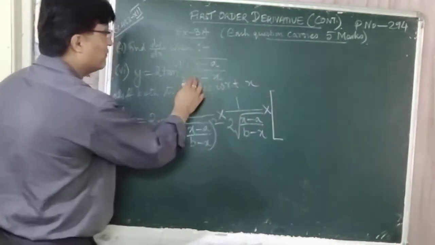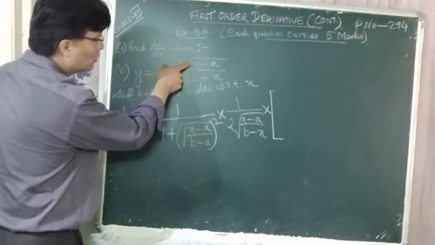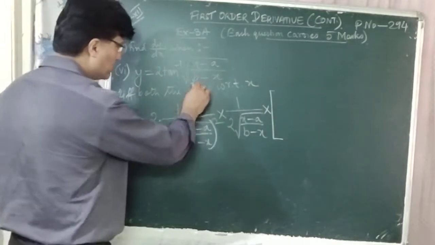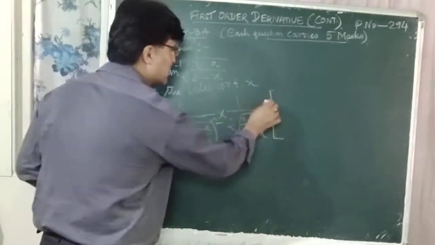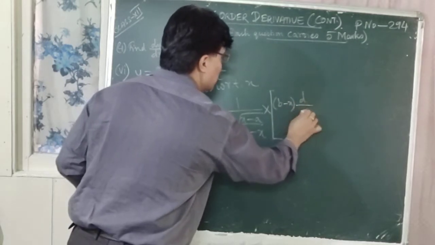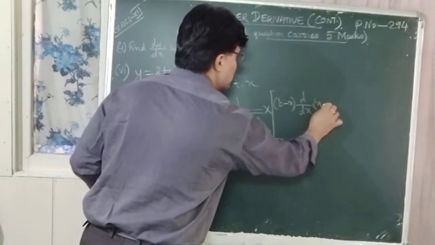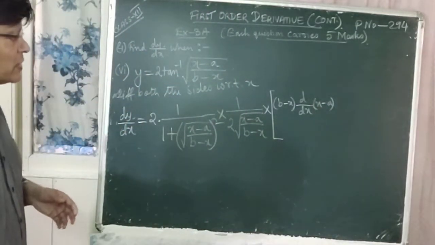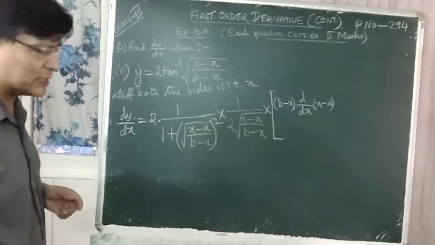You can use the u by v rule here, because both numerator and denominator are variables here. Now keep the denominator as it is, that is b minus x into d by dx of x minus a, right? That is, numerator is differentiated, keeping the denominator as it is.